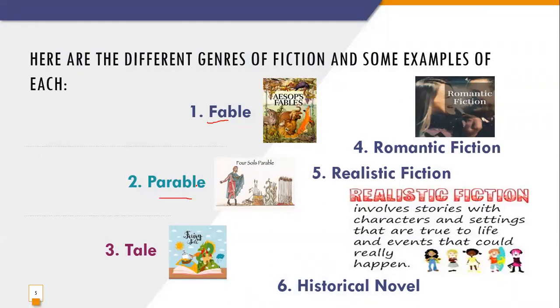Now let's go to parable. So a parable is a brief narrative with a realistic plot. So it implicitly teaches a moral. So just like the parable of the prodigal son, the four soils parable. So even though it is an imaginative kind of writing, it is also talking about a realistic plot.